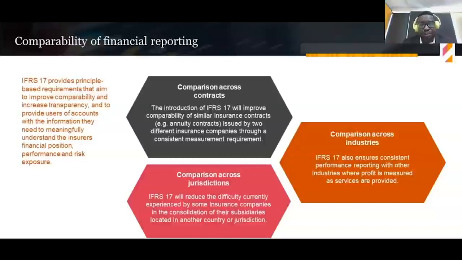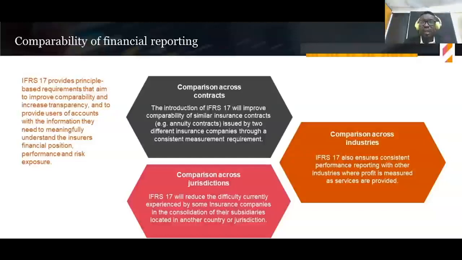The other part of it is also the fact that we can compare across industries. Previously, we would take revenue almost as income and say, oh, I've made a 50 million gross premium, so I'm a good, profitable insurance company. Now, across different industries, we can measure profitability as services are being provided.